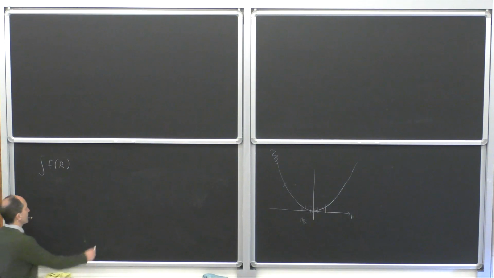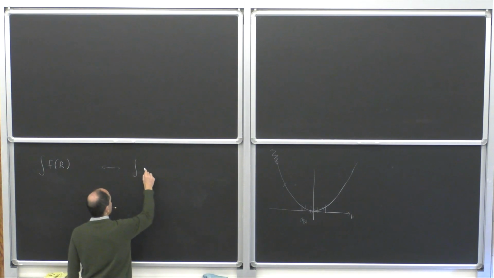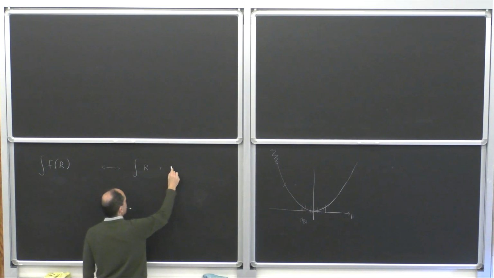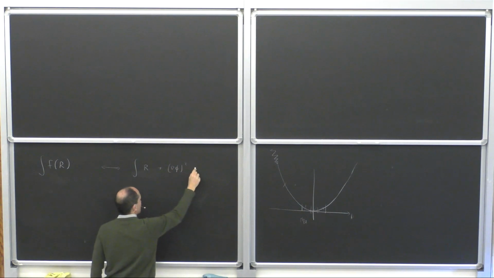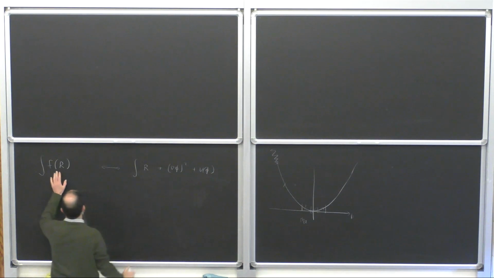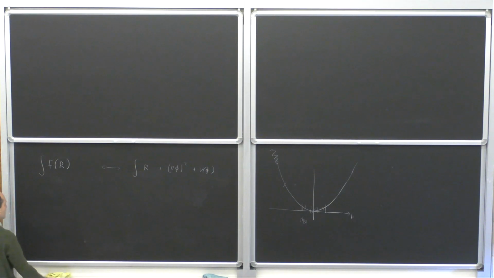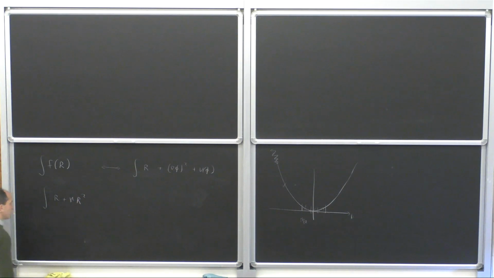And we had said that this was equivalent to a theory of ordinary gravity plus some scalar field plus some suitable potential, where this potential depends on this function f. Now, a particular example was R plus R squared.